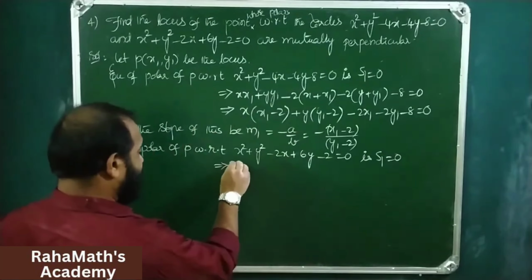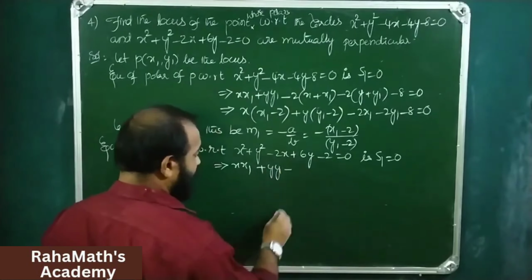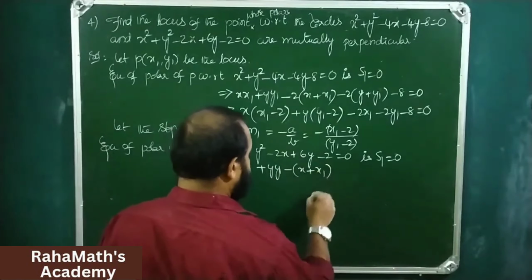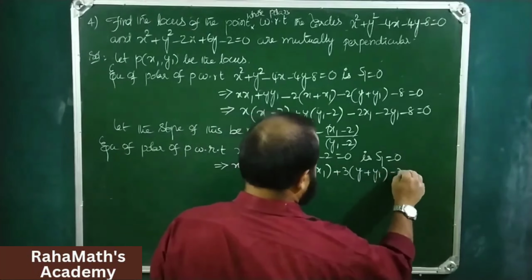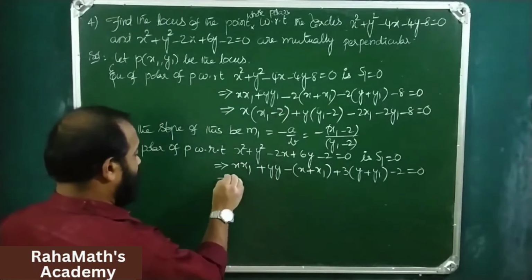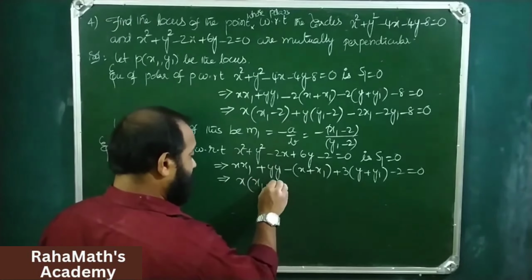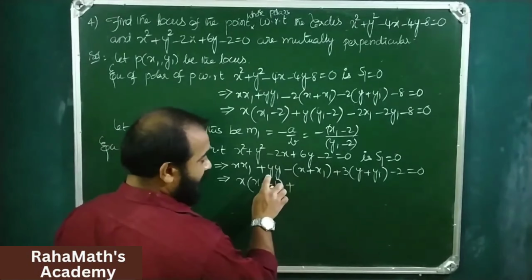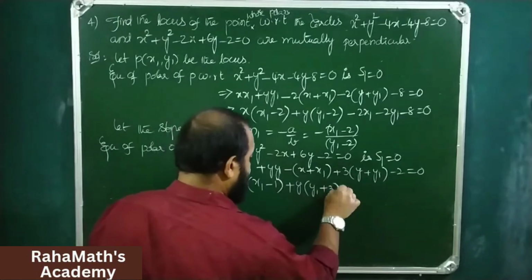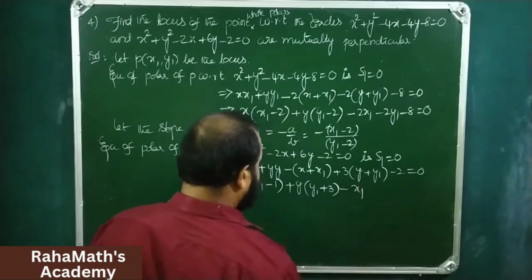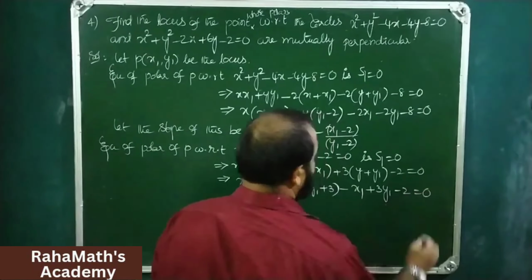So x x1 plus y y1 minus (x plus x1) plus 3 (y plus y1) minus 2 equals 0. Taking x in common, x (x1 minus 1), and taking y in common, y (y1 plus 3), minus x1 plus 3y1 minus 2 equals 0.